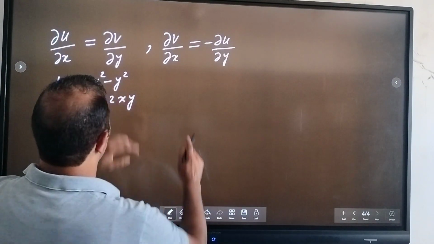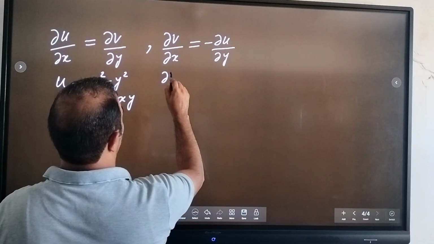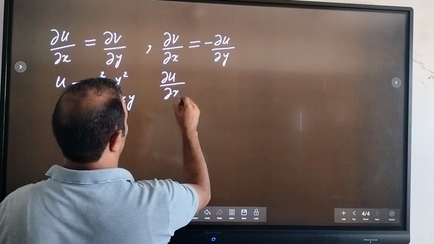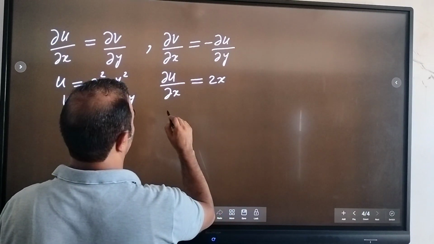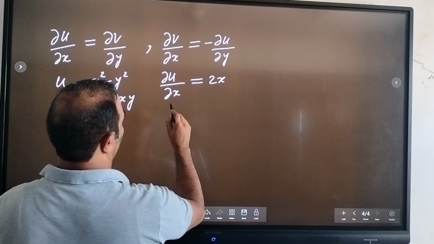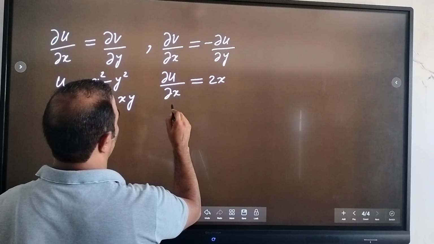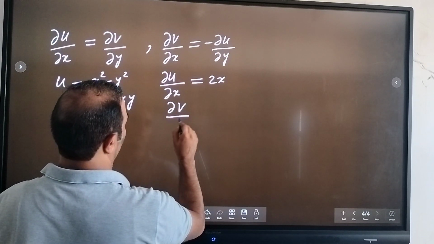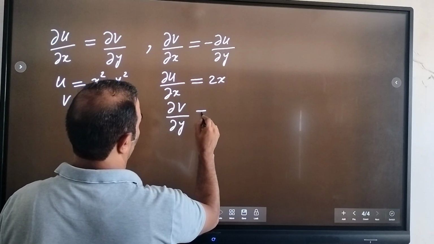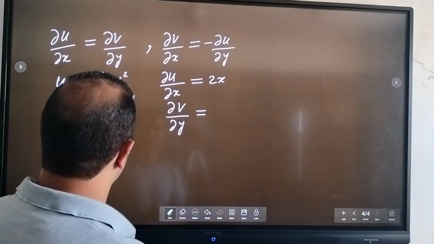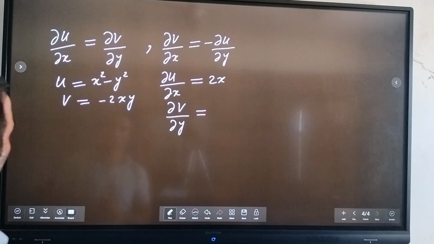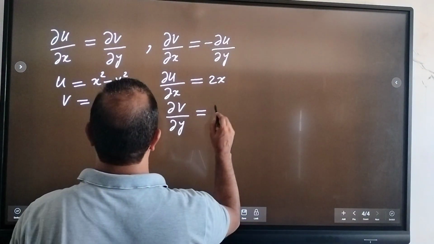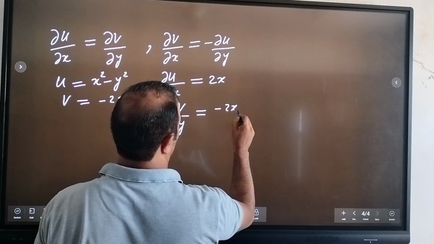So let's calculate now what's partial u by partial x, and what is partial v by partial y? So when you calculate partial v by partial y, that's equal to minus 2x.